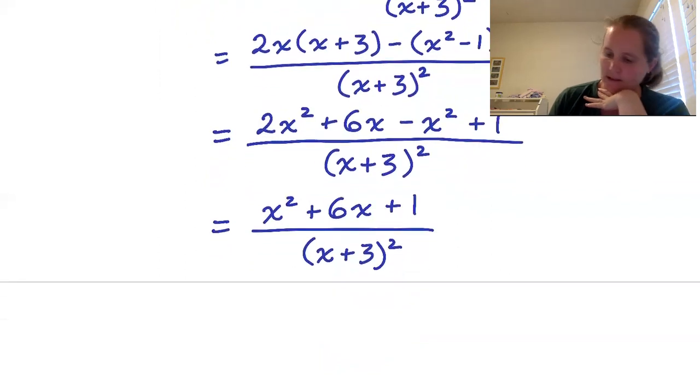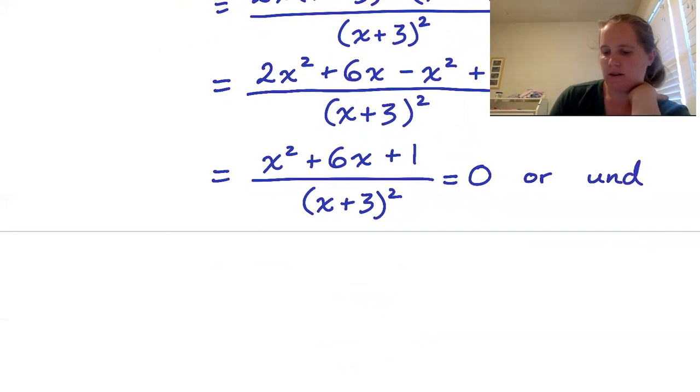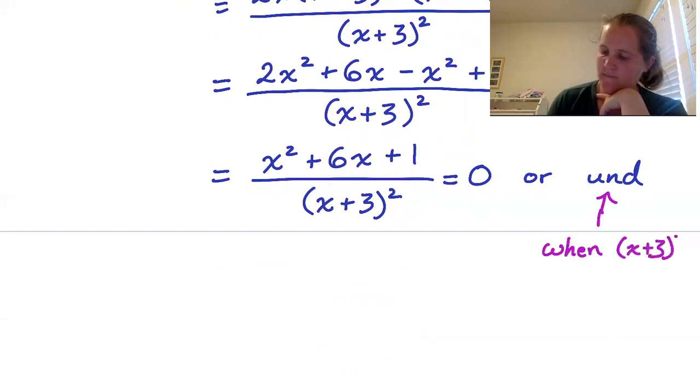So if we set this equal to 0 or undefined, this is a rational function, so we will have somewhere where it is undefined, at least in this situation. So it's undefined when x plus 3 squared equals 0, or in other words, when x equals -3.